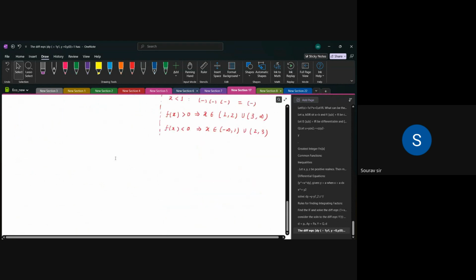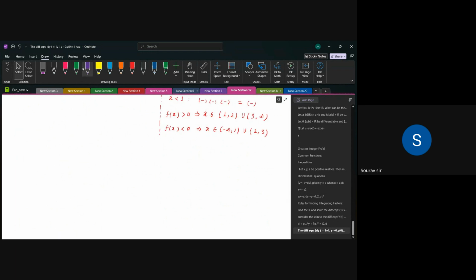So let me discuss one of this format. Let's say that the solution of the differential equation x dy minus y dx is equal to, there are four options.